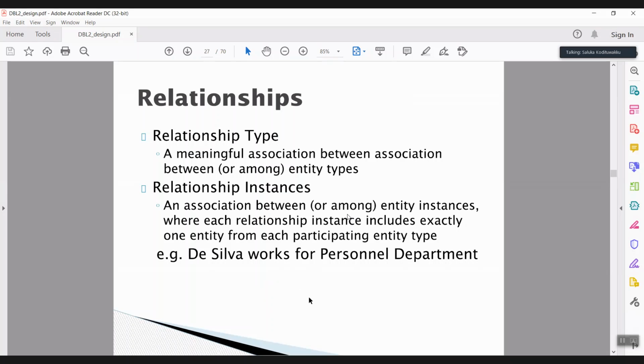And then the relationship instance is an association between instances of entities. For example, Silva works for the personal department. There may be multiple departments, but the personal department is one instance of a department.